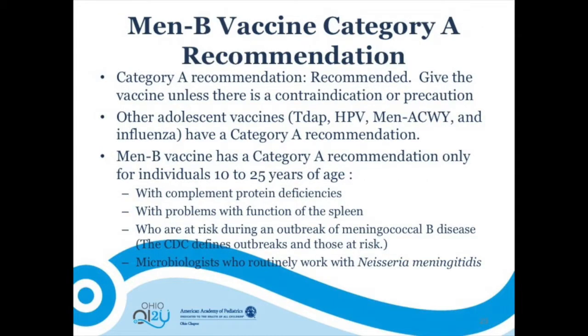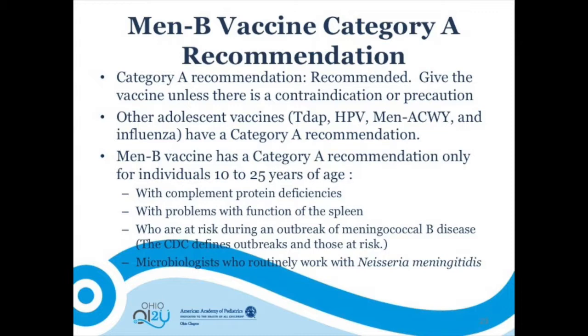So first we're going to look at the Category A recommendation, which basically means recommended. Give the vaccine unless there's a contraindication or precaution. The other adolescent vaccines, including Tdap, HPV, Men-ACWY, and influenza, all have a Category A recommendation.